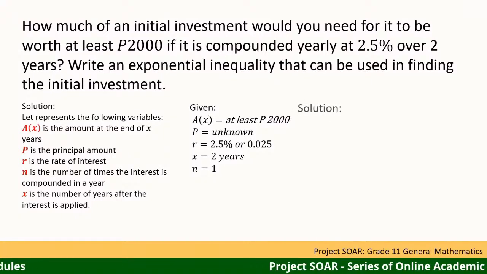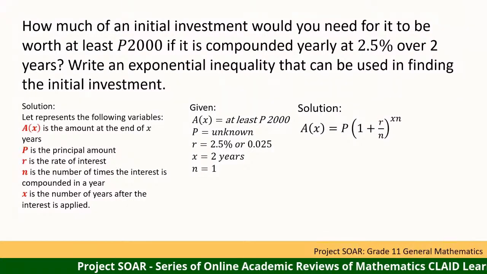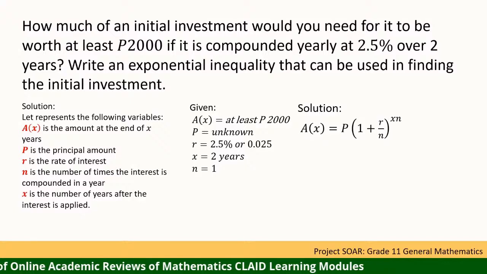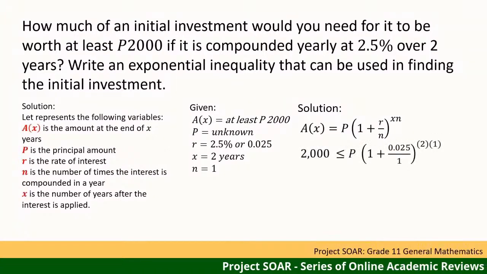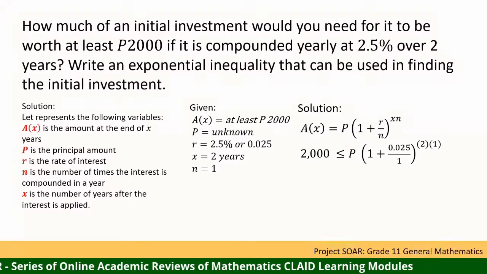So let's solve for it. For the solution, we use the formula of compound interest. Then after that, we have to substitute all the given values. As you can see, we use the inequality symbols.